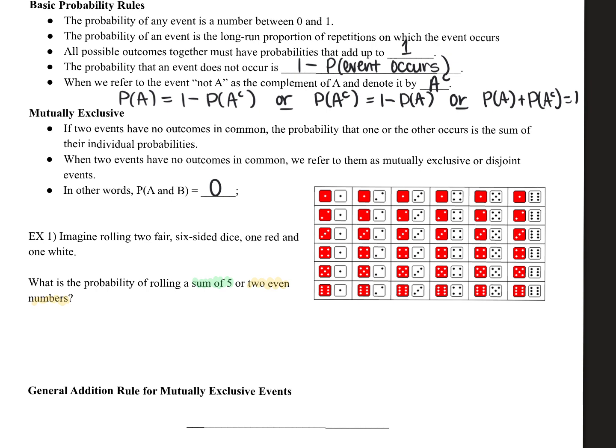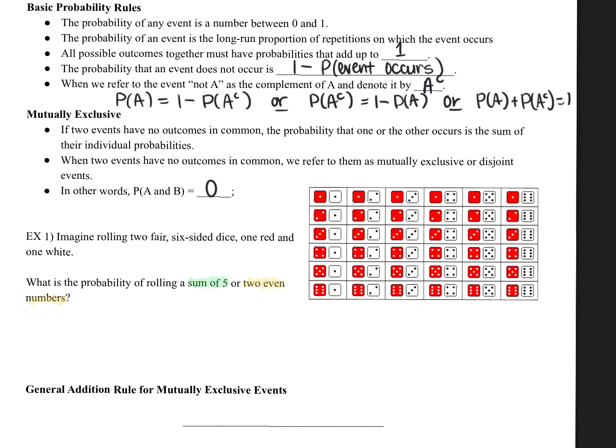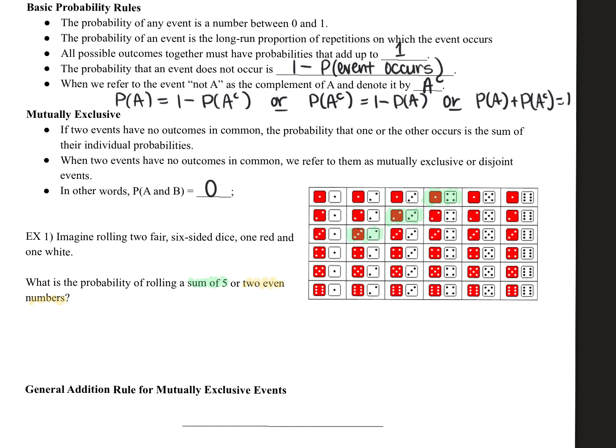So, sum of 5. Well, the only ways to add to 5 are 2 and 3, and 1 and 4. So I'm going to find every time I have a 1 and a 4 and a 3 and a 2, which happens 4 times. Okay. The next one is 2 even numbers.